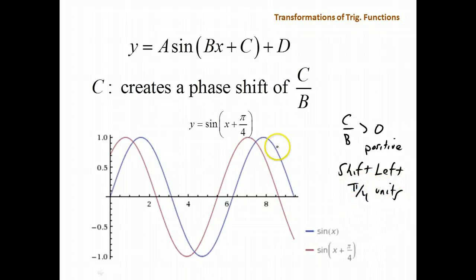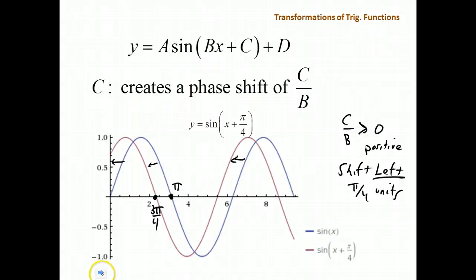So sine is here, the blue, and we shift it to the left, pi over 4 units. When we used to be here at pi, now we're here at 3 pi over 4. Okay, a shift left when C over B is positive.